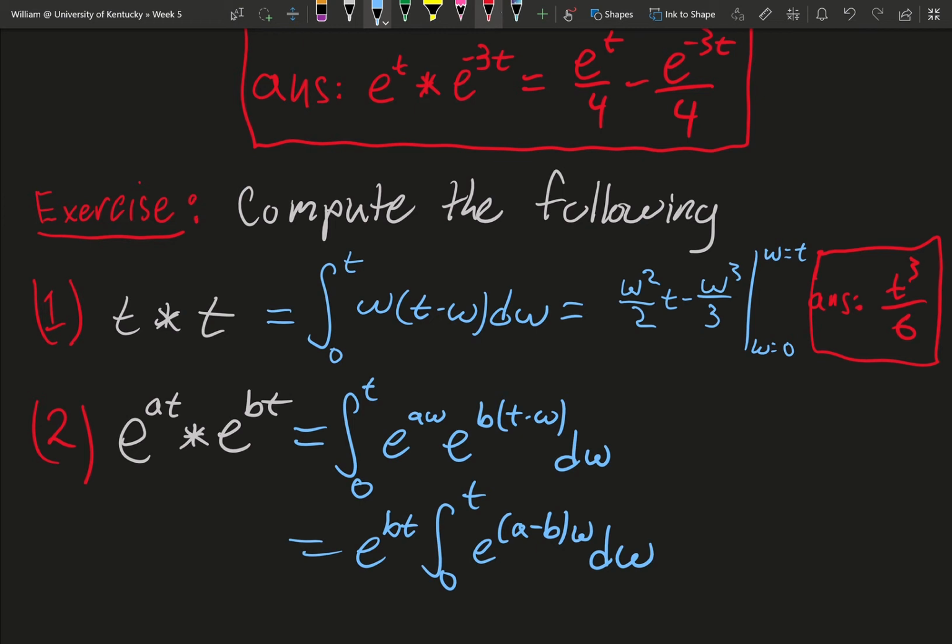And then from there, it's pretty straightforward, and you should have gotten as your answer e to the at over a minus b plus e to the bt over b minus a.